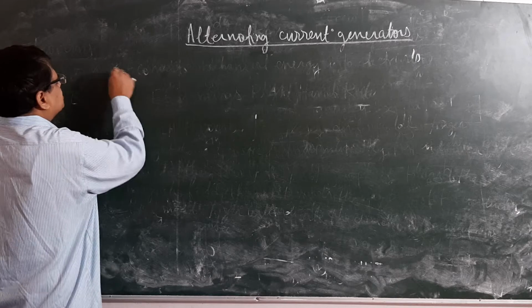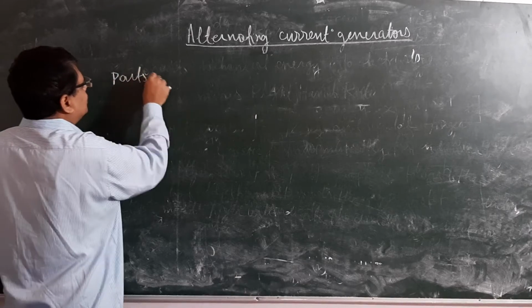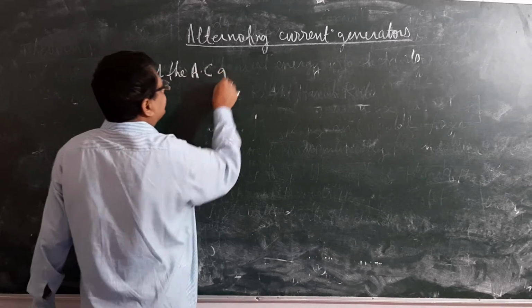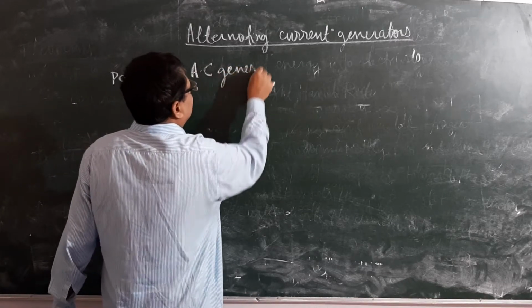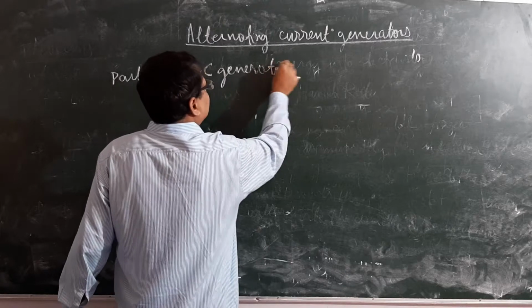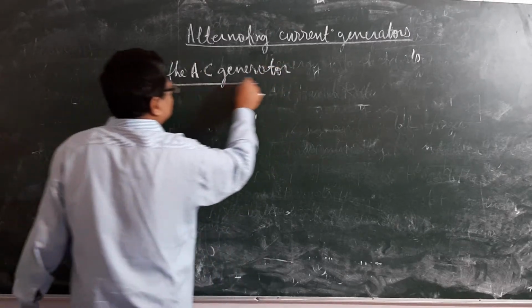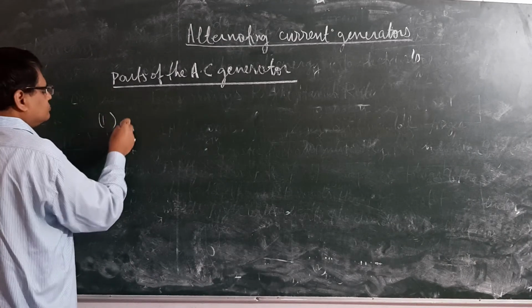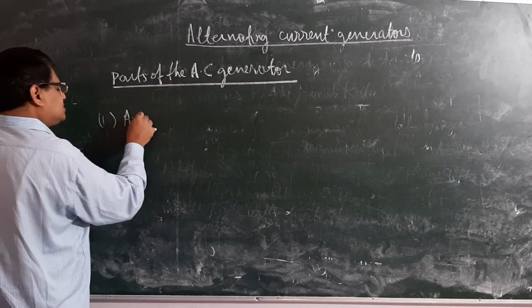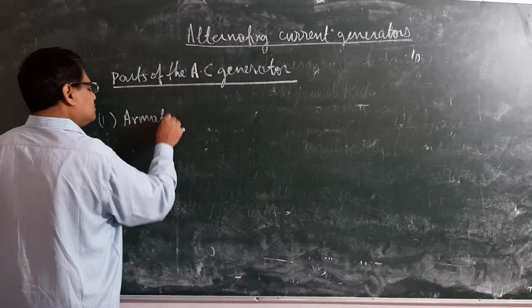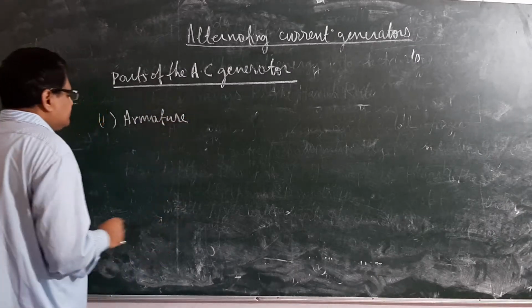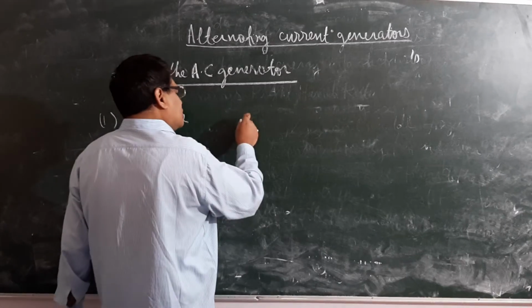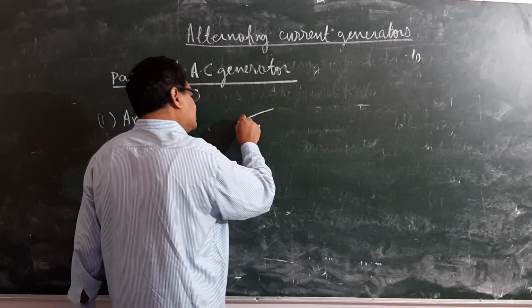Now let us see what the various parts of the alternating current generator are. First one is the armature. The armature is simply a coil containing several turns.